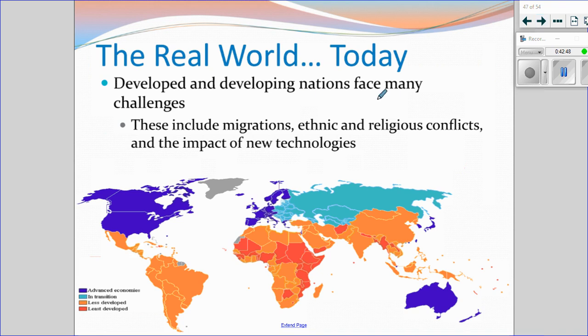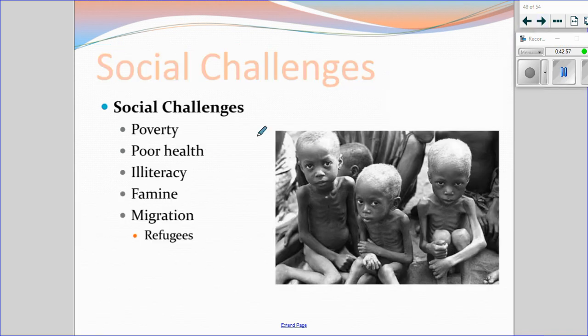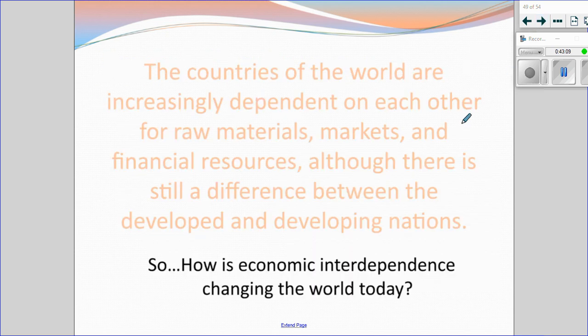Okay, so developed and developing nations face a number of challenges. These include migrations, ethnic and religious conflicts, and the impact of new technologies. There are a lot of social challenges, such as poverty, poor health, illiteracy, famine, migration; refugees are part of that, all right? Countries of the world are increasingly dependent on each other for raw materials, for markets, for financial resources.